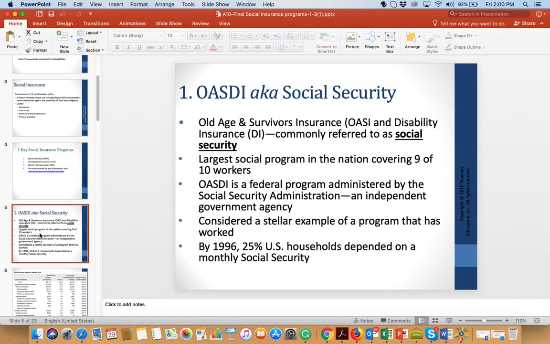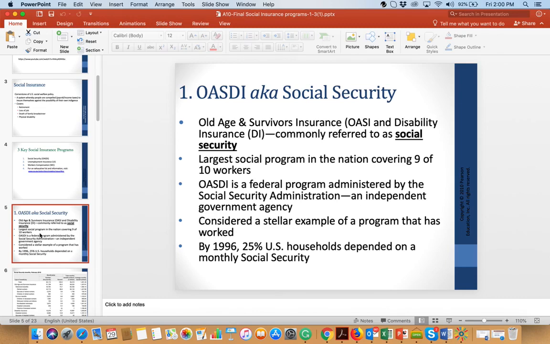This is the largest program in the nation, largest meaning that it covers more people than any other program. Almost 90% of all workers in the United States pay into the program. It's a federal program, federally administered by an independent agency called the Social Security Administration. Some of you may have interacted with that agency.